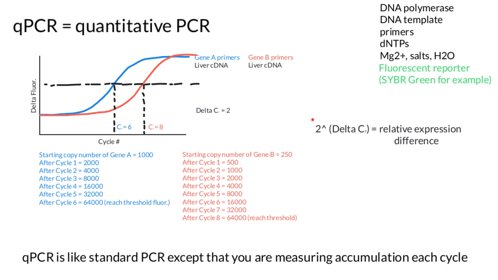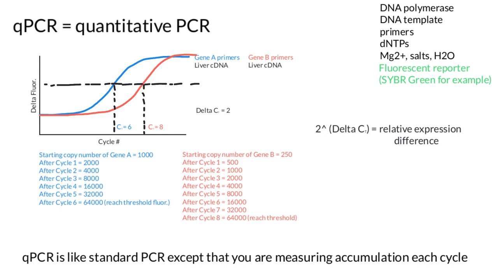Okay, so 2 to the 2 power equals 4. So that means that gene A in blue here, because it's to the left of gene B in red, is 4 times as abundant in liver cDNA, which represents the mRNA. That means that gene A is expressed at 4 times the level relative of gene B.